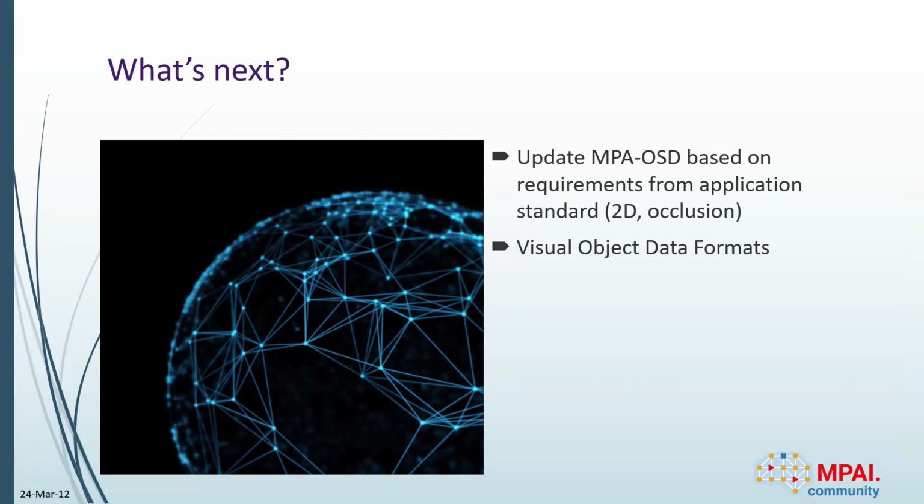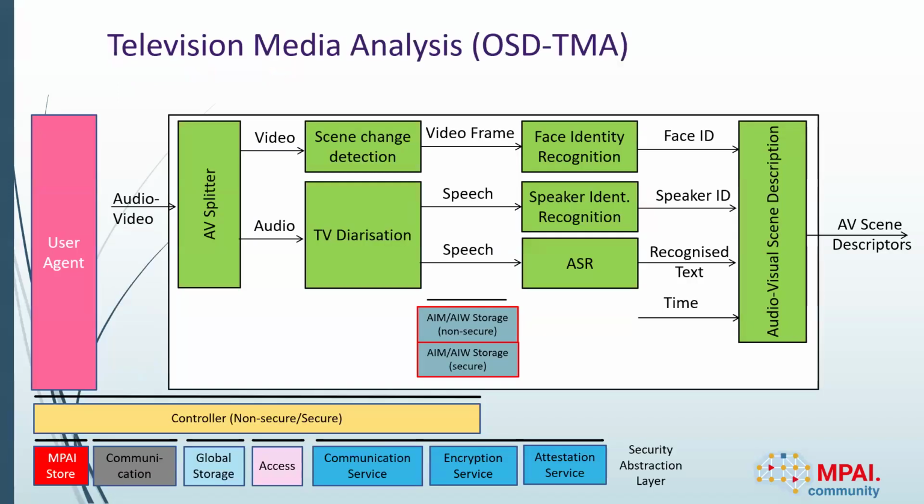How do we describe two objects where one is partially hidden by another object in front of it? And the other one is the extension to two dimensions. So I give you here a quick introduction. So this is a use case that we are currently developing.